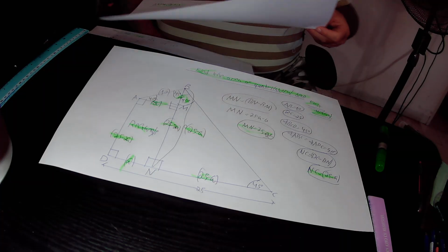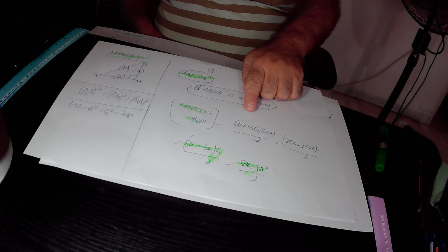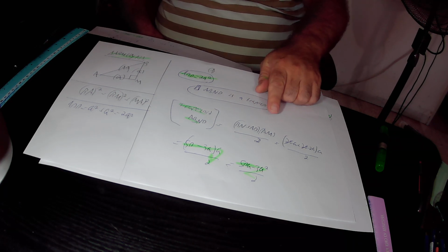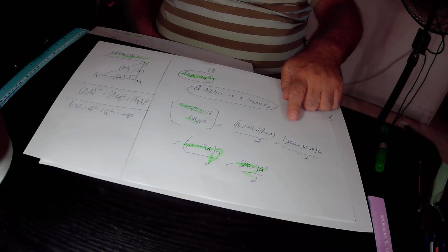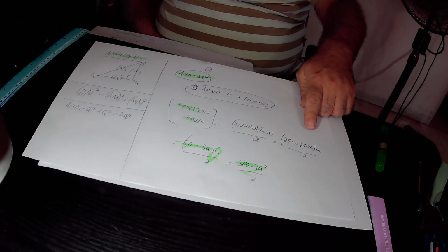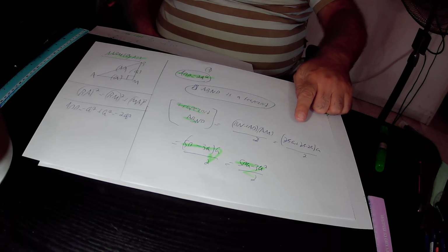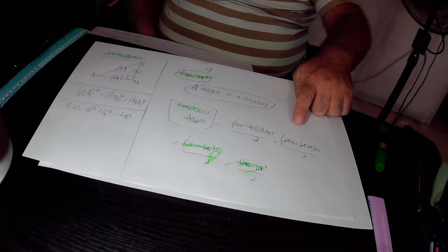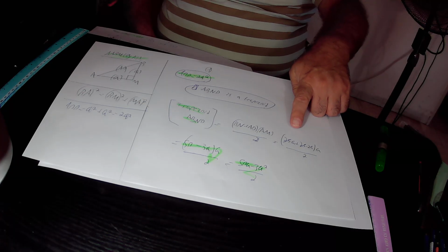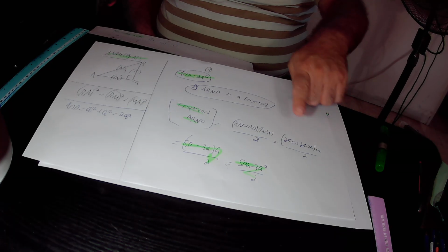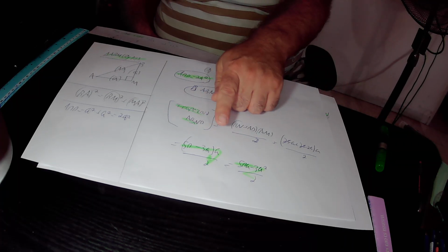BN is 25 minus A, plus AD is 25 minus 2A, times AM, that is A, over 2. 25 plus 25 is 50, and minus A minus 2A is minus 3A. So in total, this expression equals 50 minus 3A times A over 2.